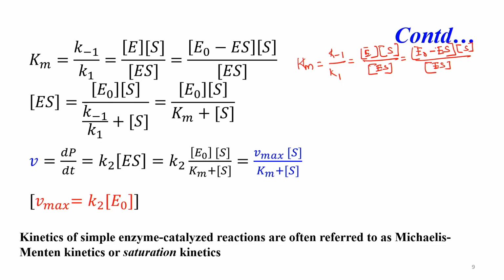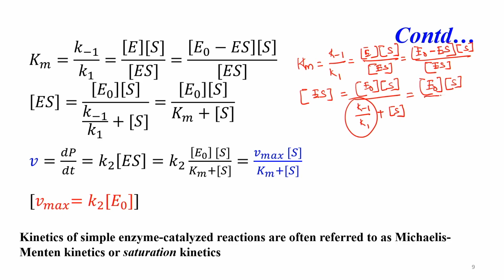Now, from here we can find the expression for ES. So, ES will come out to be, if we rearrange, E naught into S divided by K minus 1 upon K1 plus S, and this term is known as the Michaelis Menten constant. So, now it will turn out to be E naught S divided by Km plus S.